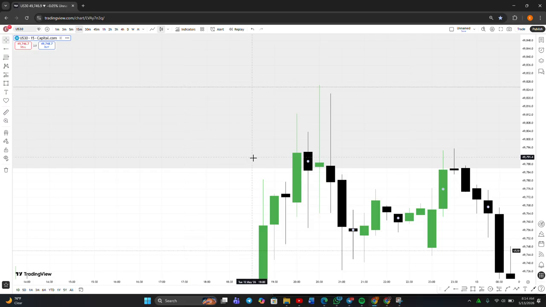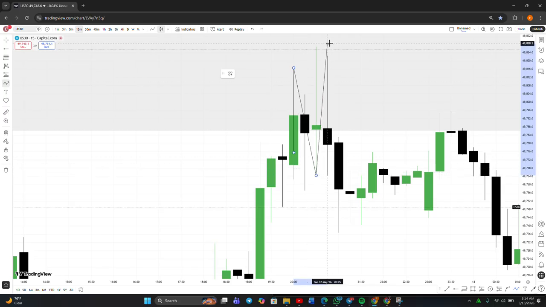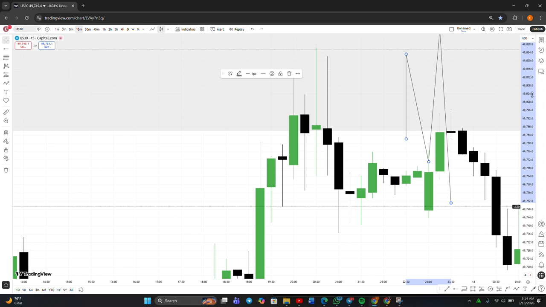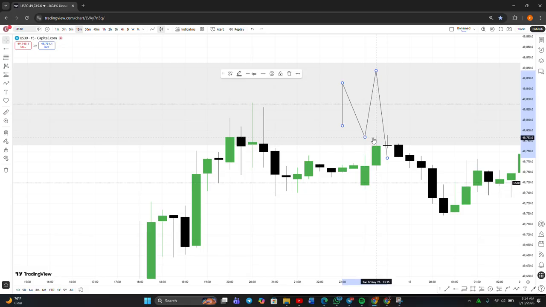So therefore, this is what I saw here: a stop hunt and a break of structure. You can see that clearly.